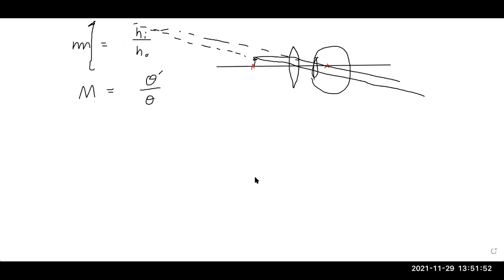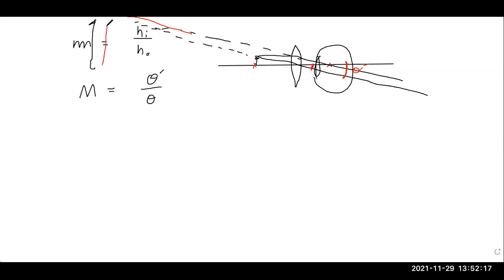So this angle here is theta prime, because we can trace that out to the angular size of the object in a person's vision.